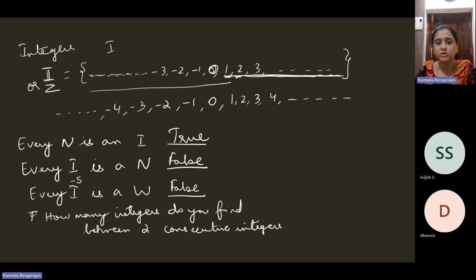Zero is not here. You cannot find a positive number there. Then tell me a negative number between -2 and -3. No. So how many integers do you find between two consecutive integers? None.